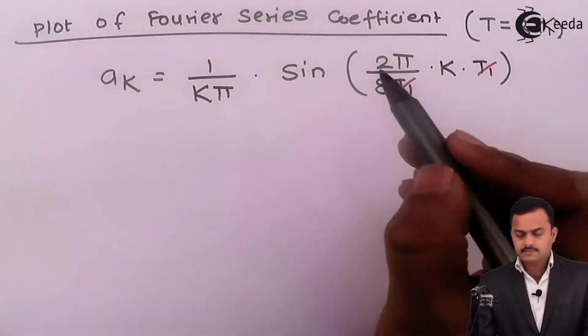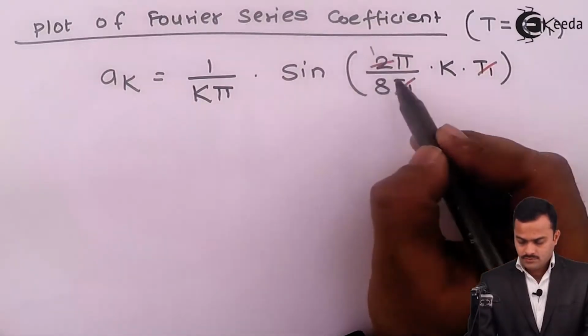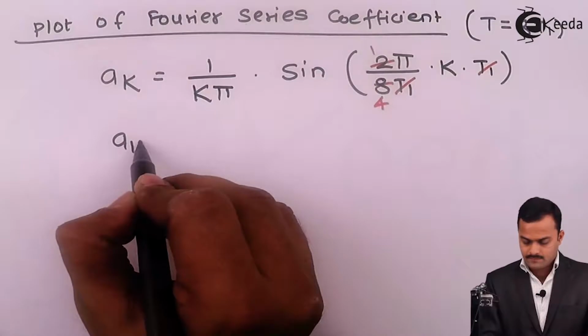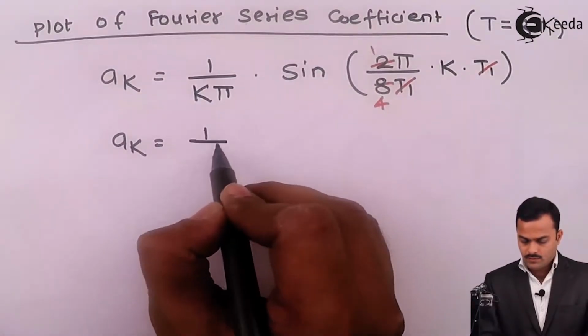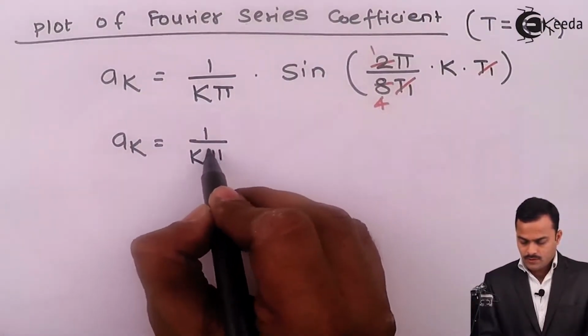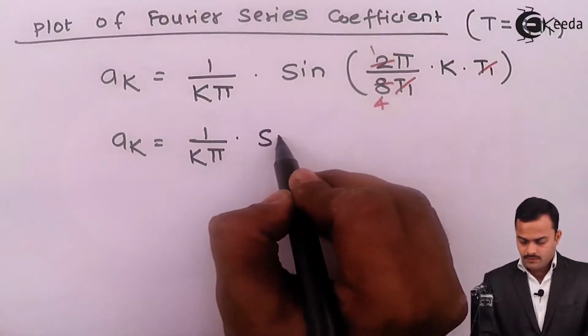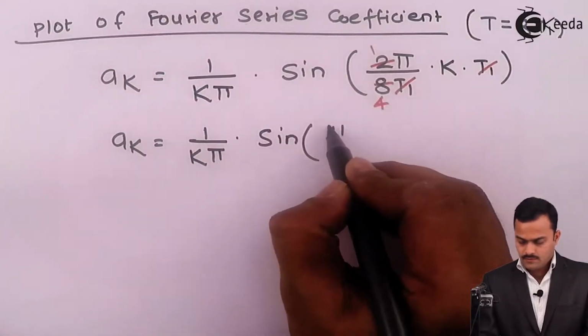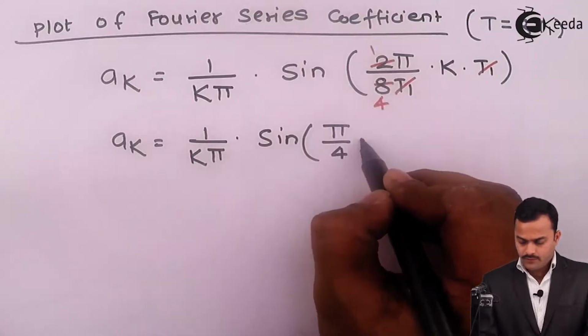T1 gets cancelled, and in the end we will get AK as 1 upon K pi into sine of pi by 4 into K.